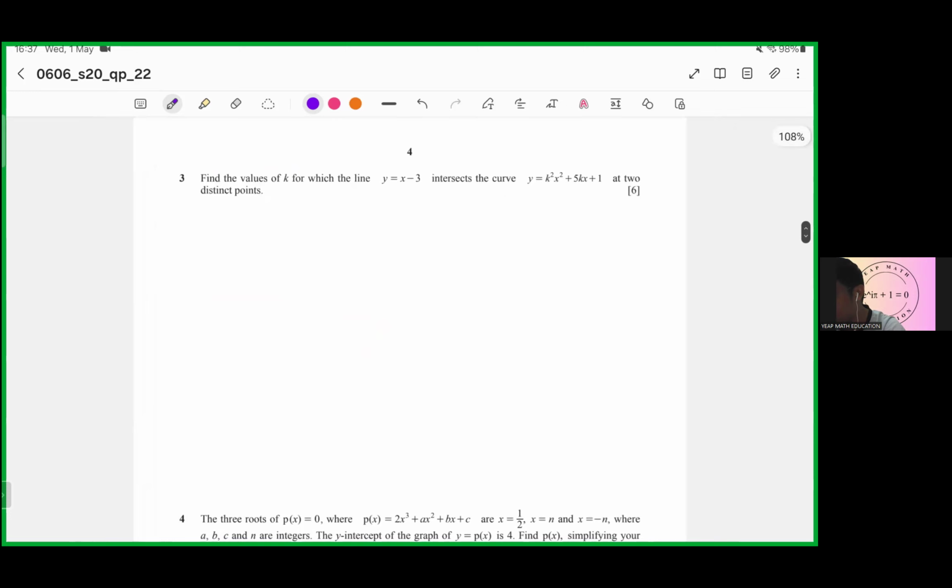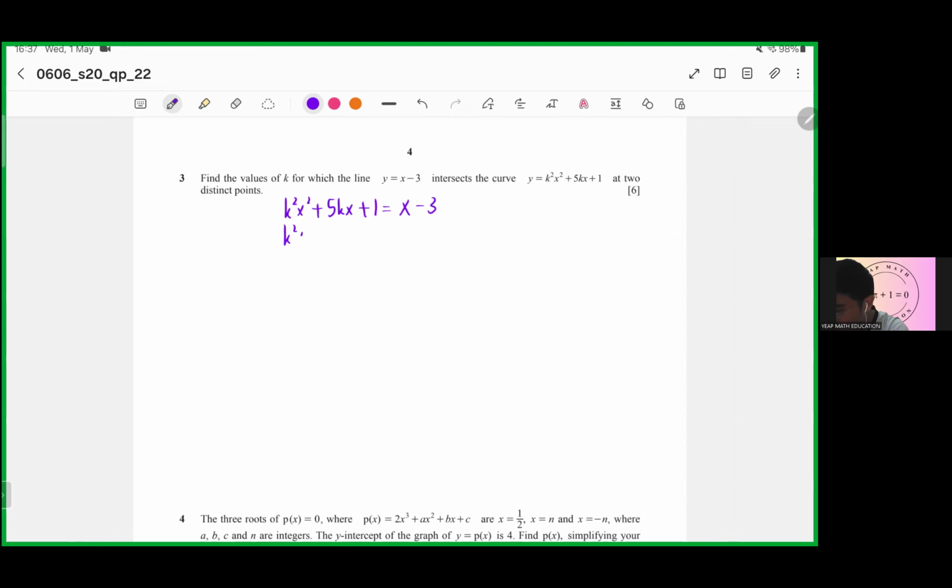Find the values of k for which the line y equals x minus 3 intersects the curve y equals k squared x squared plus 5kx plus 1 at two distinct points. It means you need to use the discriminant, b squared minus 4ac more than 0. So we take k squared x squared plus 5kx plus 1 equals x minus 3.